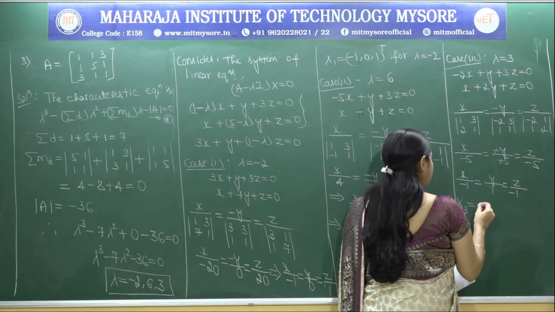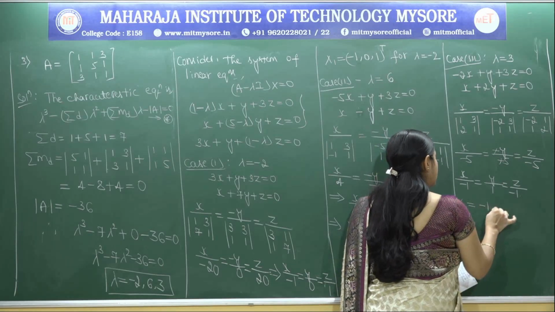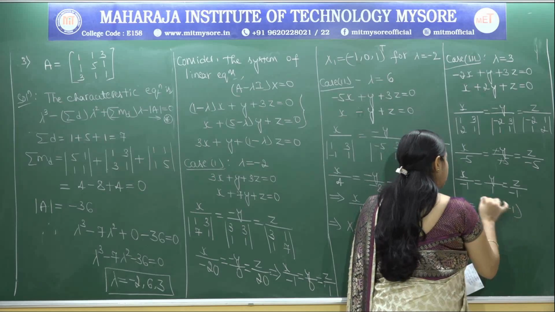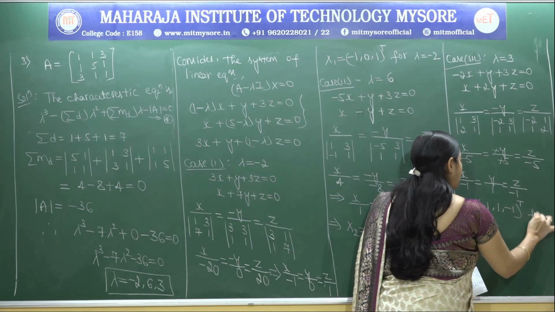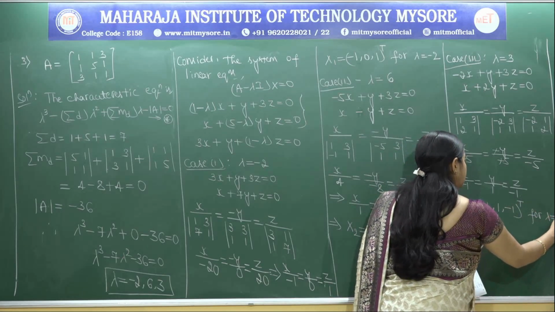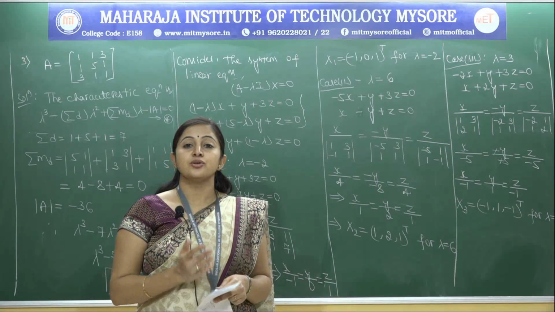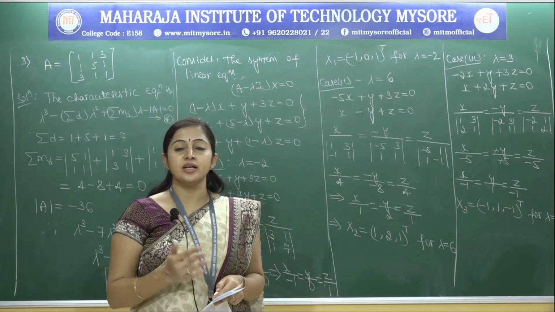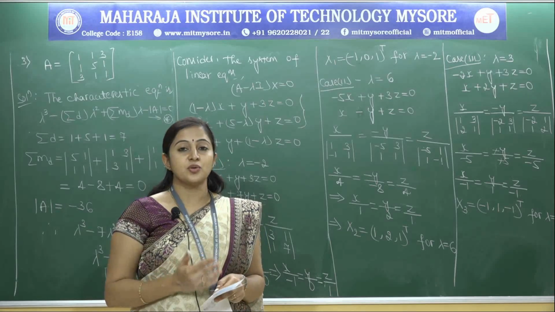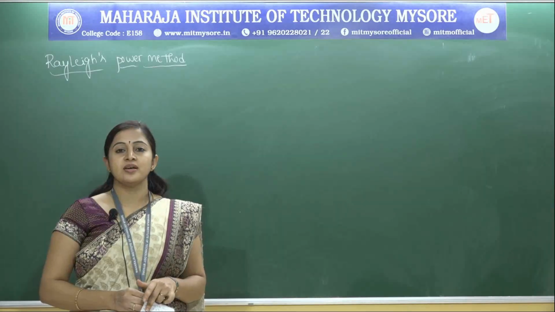So the third eigenvector is minus 1, 1 and minus 1 for lambda equals 3. And these are the analytical methods to find the eigenvalue and the eigenvector of the given square matrix.